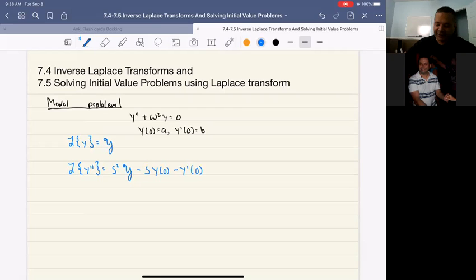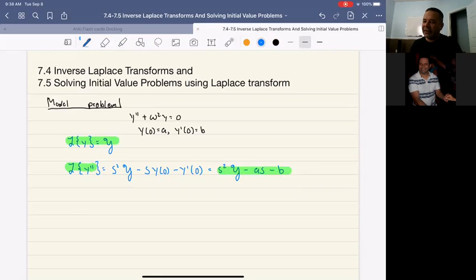So in this case, it's going to be s squared script Y, which is again the Laplace transform of y, minus a s minus b.